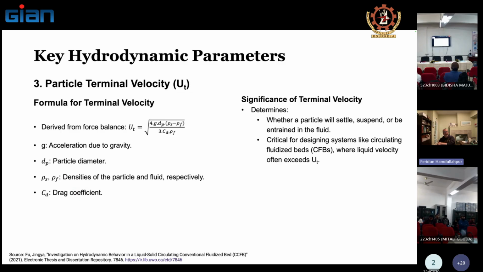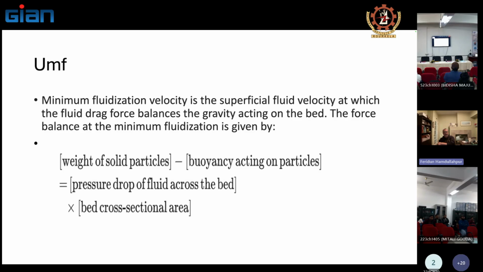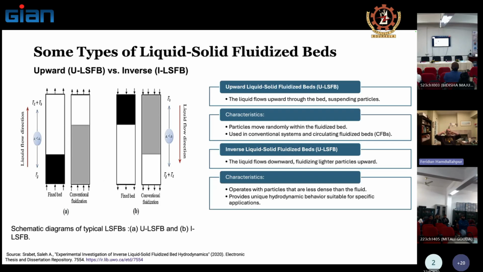Terminal velocity is calculated this way, and you know the significance of terminal velocity: if the liquid velocity exceeds that, it will carry all these particles over.